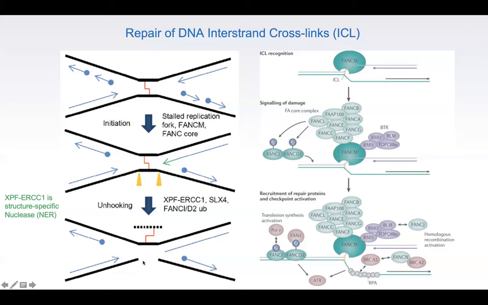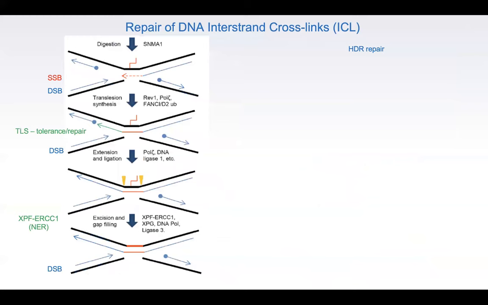So let's see how the cells then recognize the structure. A protein called SNM1A will come in and will start digesting this little alkylating adduct, basically the two nitrogenous bases that were covalently linked together, leaving in the process a single-stranded break on this fork and a double-strand break on the other fork.